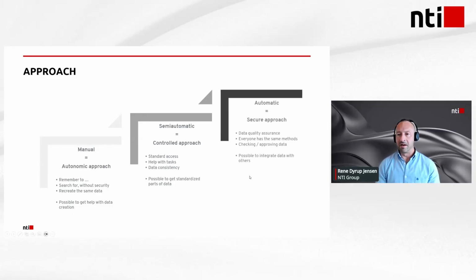And then on the last step, we have the automatic approach, and that will also be the most secure approach, meaning that if the drawing list or something else is executed, it will be executed on a lifecycle state transition. So when you move something from being work in progress to released, something might happen.